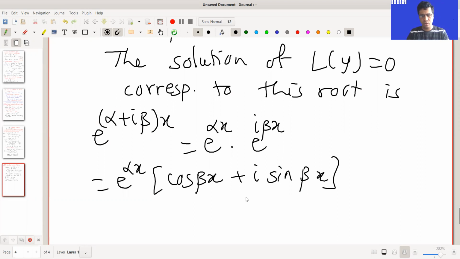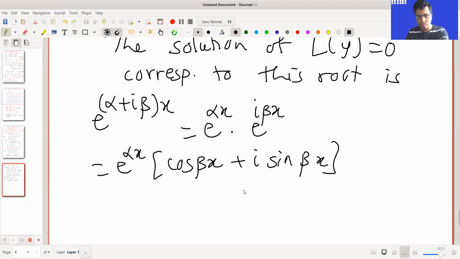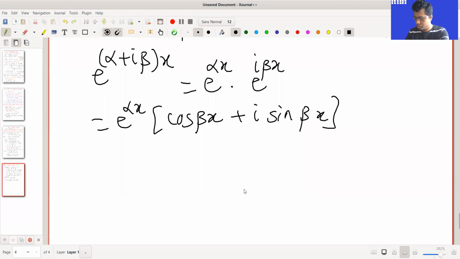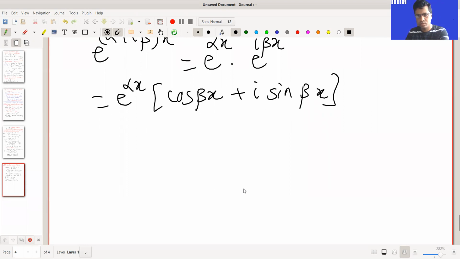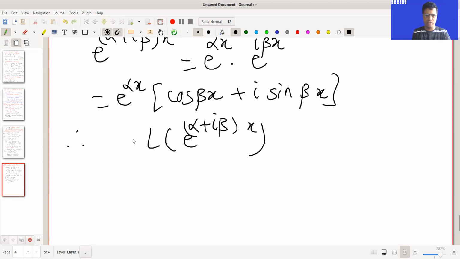Okay, we want a real solution. We try to get a real solution from this. Now given that this is a solution of L of y equal to 0, therefore L of e raised to alpha plus I beta x is 0.